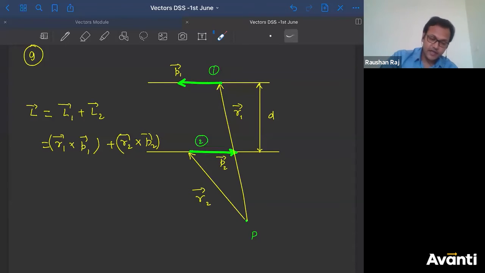Which is the first vector if I'm asking you to find the direction of r cross p or r1 cross p1? The first vector is r1. So direct your right hand fingers along the first vector. Now curl it towards the second vector, sweeping the smaller angle. So curl it towards the second vector, p is what? Like this. So r cross p, the thumb will give you the direction of the cross product. So where did it point? Upward, meaning out of the plane.